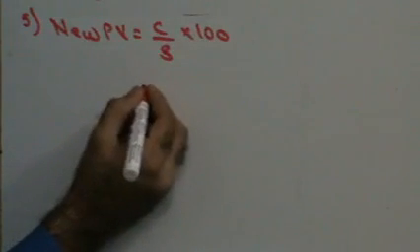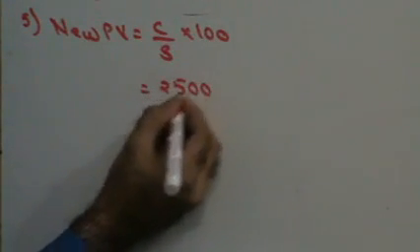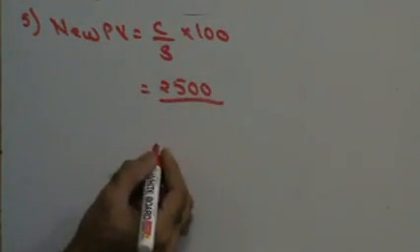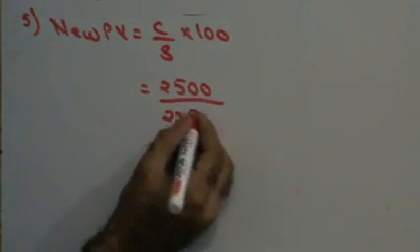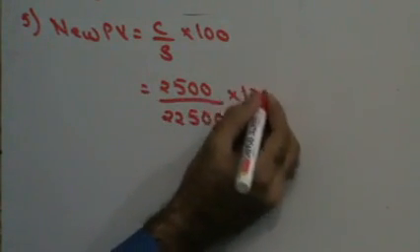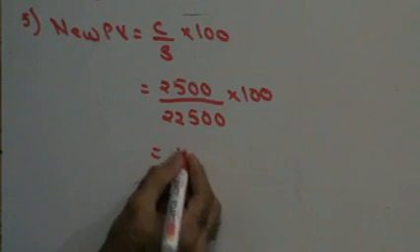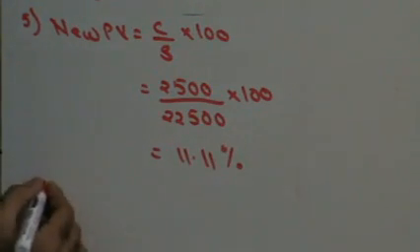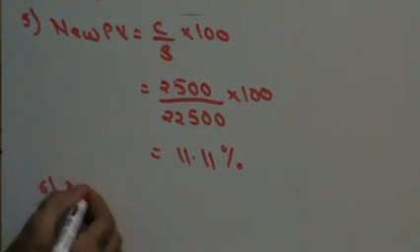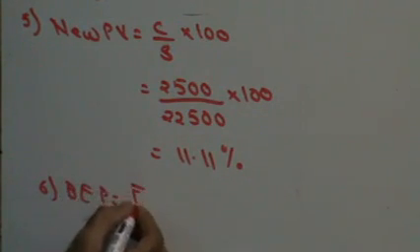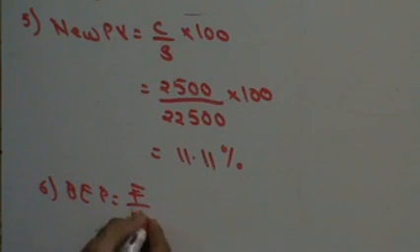For that, first I have to find out the new PV. New PV is C upon S into 100. C is 2,500 upon 22,500 into 100. Someone please help me. 11.11%. Once I have this, then I can find out BEP. BEP is nothing but F upon PV.